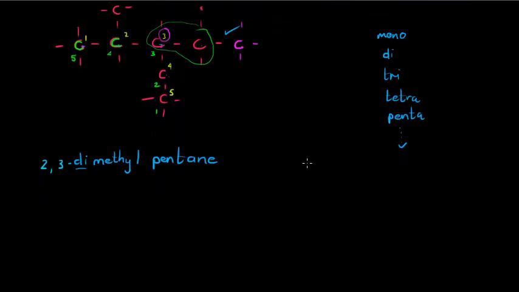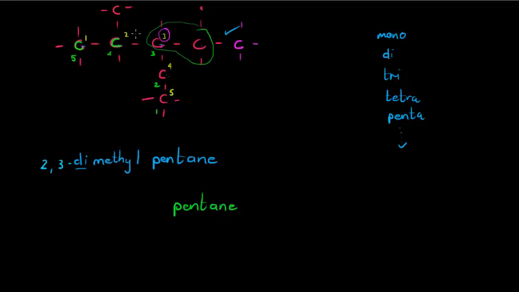So how will we name this one? Again, we can simply see the longest chain is 5, so this is still a pentane. Okay, but this time I've got both a methyl and an ethyl chain to it.